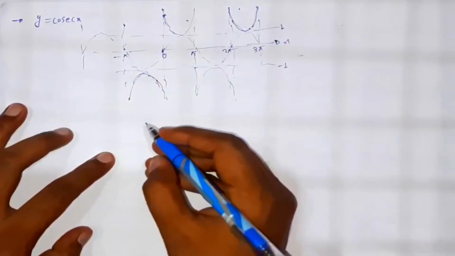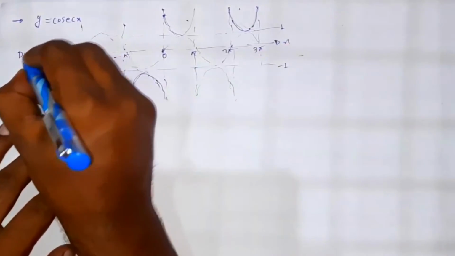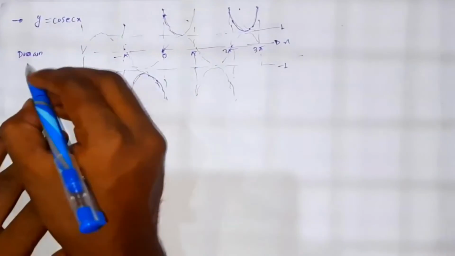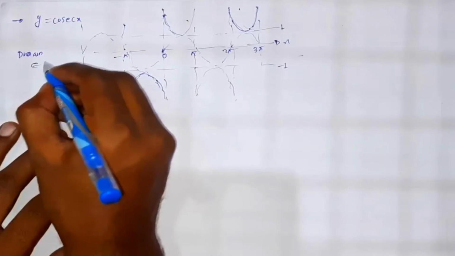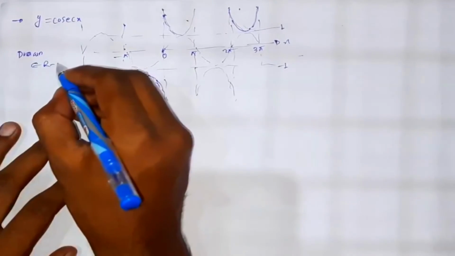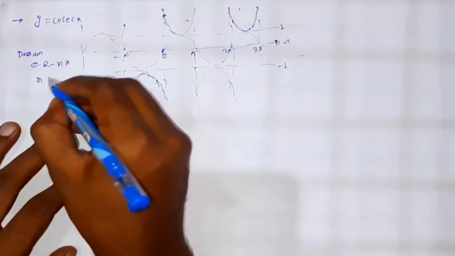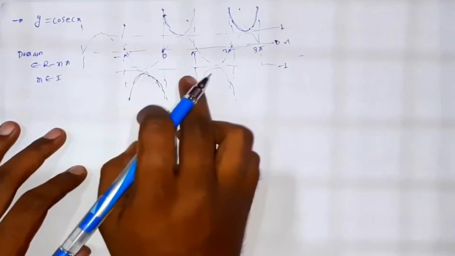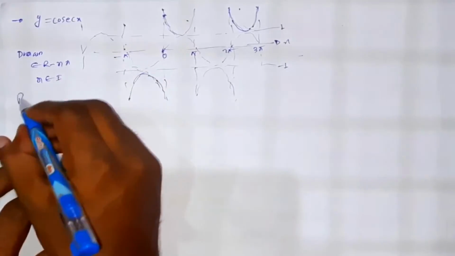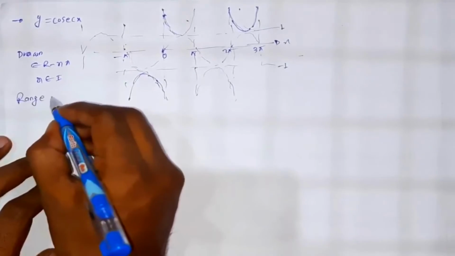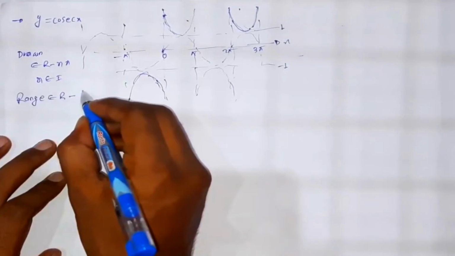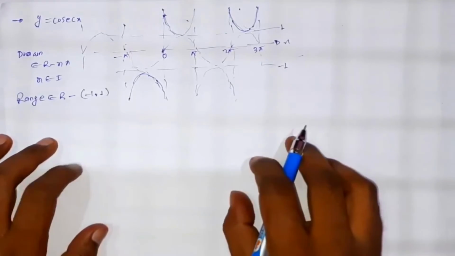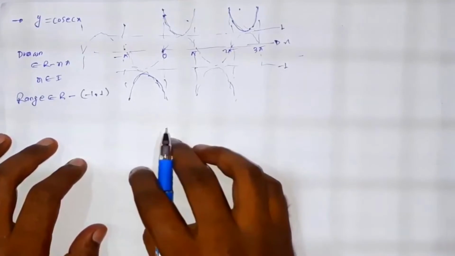So we can say here the domain will belong to real minus n pi, where n can be an integer: 0, 1, 2, 3, 4, 5, like this. And the range will belong to real minus (minus 1 to 1). I hope it is clear.